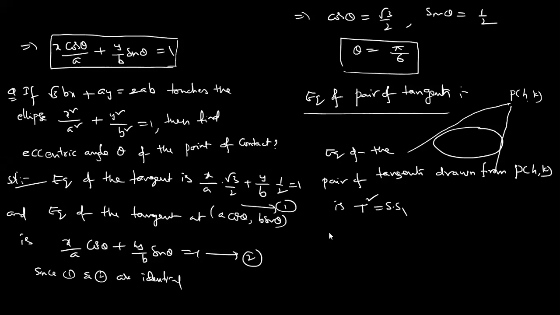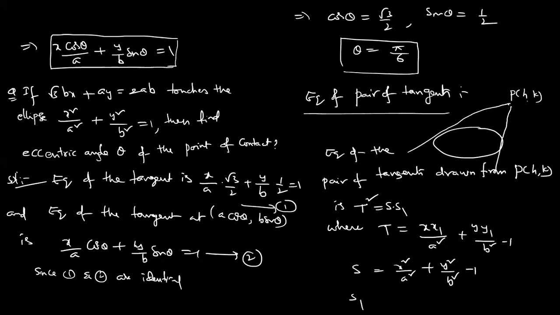So what is the T here? Where T is nothing but x x1 by a square plus y y1 by b square minus 1. And S is nothing but the standard equation. S1 is nothing but that is the case.